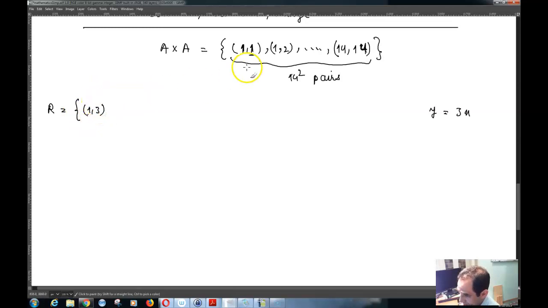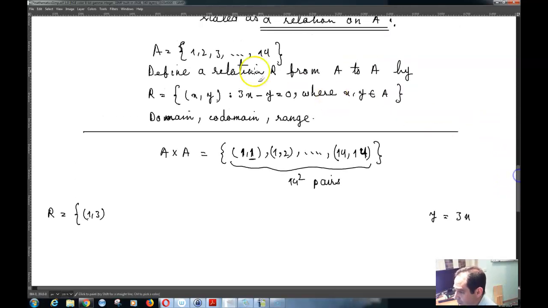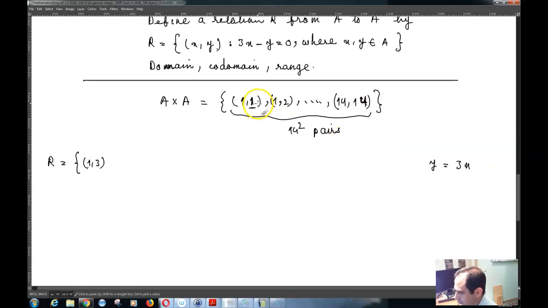And since A goes from 1 to 14, you have 1, 1, 1, 2, 1, 3, and so forth, all the way up to 1, 14.